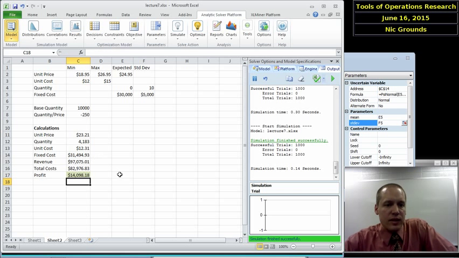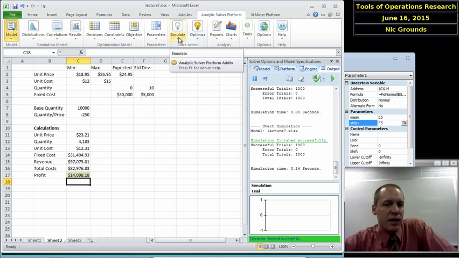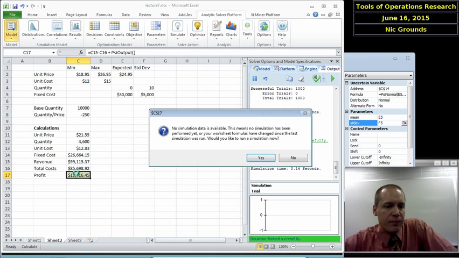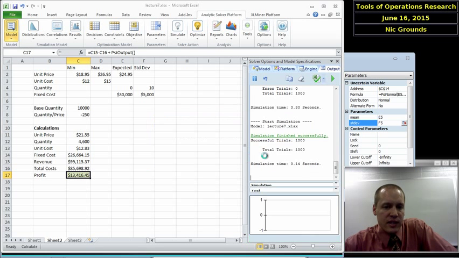Now that we've done that, you can either click the simulate button and tell it to simulate once, or if it's quicker, you can double click the output cell that you've designated. If it hasn't run simulations yet, it'll ask you if you want to, and you can say yes.